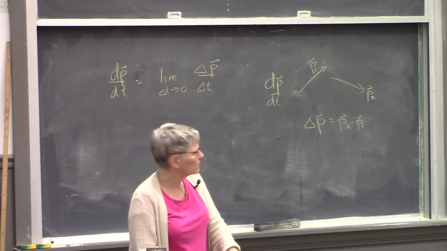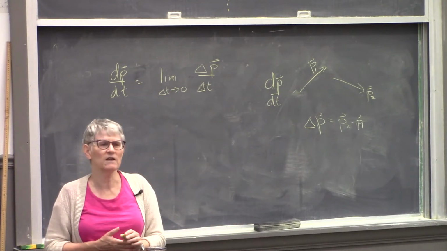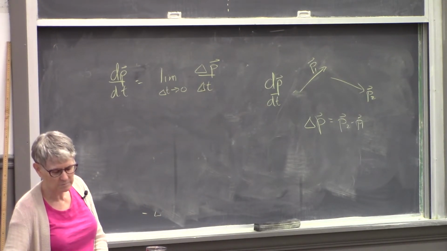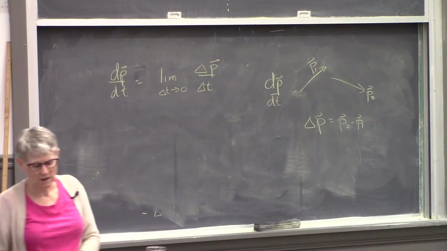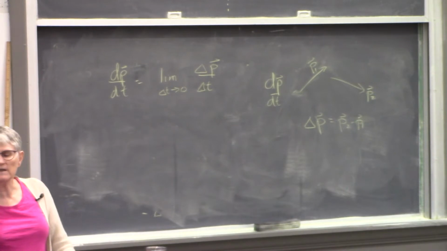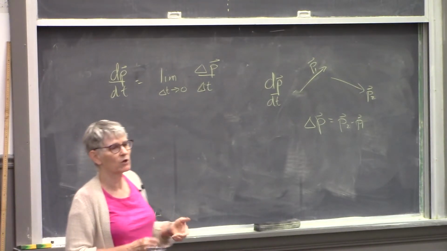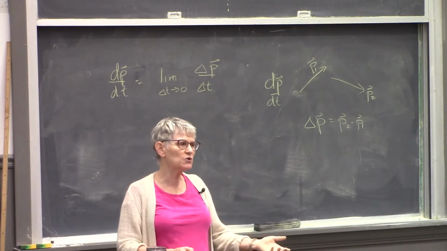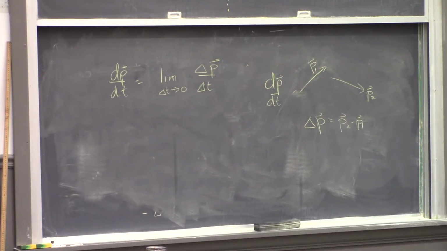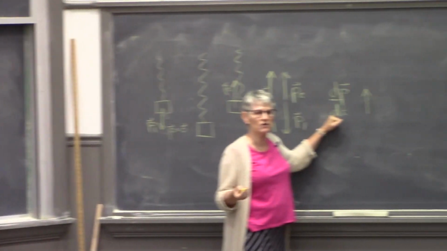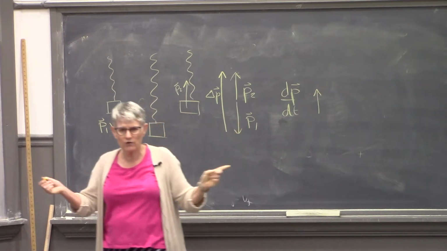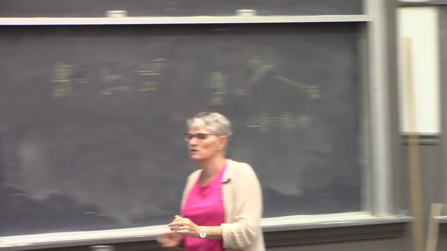And so here we're focusing on just evaluating dp dt without knowing F net. Now, once we've evaluated dp dt, what can we deduce about the direction of F net at this instant? If dp dt is upward at this instant, F net is also upward. So once we know the direction of dp dt, we can deduce the direction of F net.